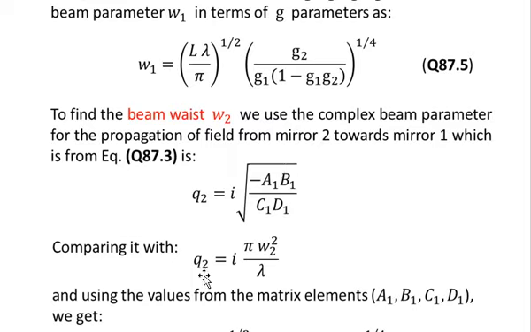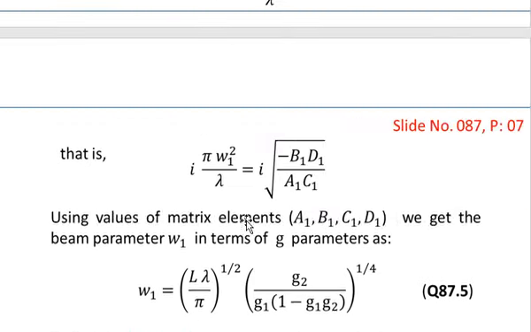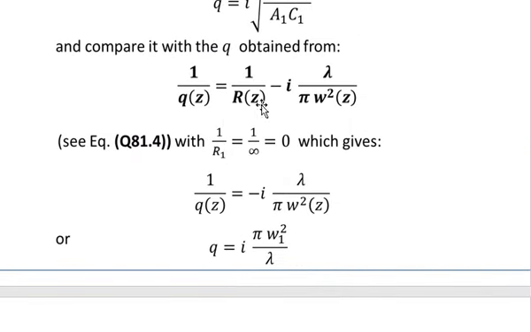Now we can compare it with the Q2, which can be obtained from a relationship similar to this one, where 1 over Q2 is equal to 1 over R2 minus iota lambda over pi W2 square. Here you can set R goes to infinity so that you have Q as a purely complex quantity. When you set R2 goes to infinity, it means that you are talking about a plane wavefront at the location of mirror 2.